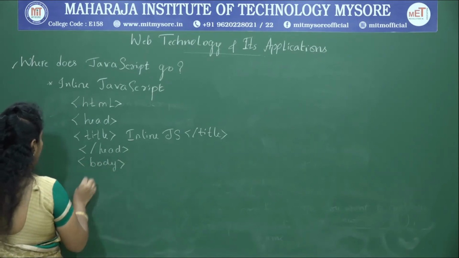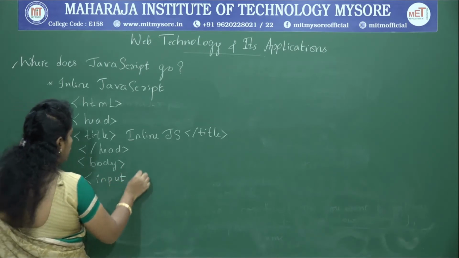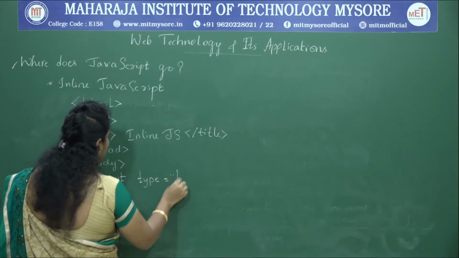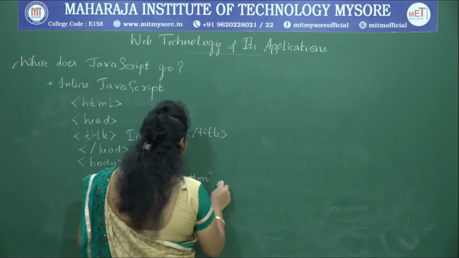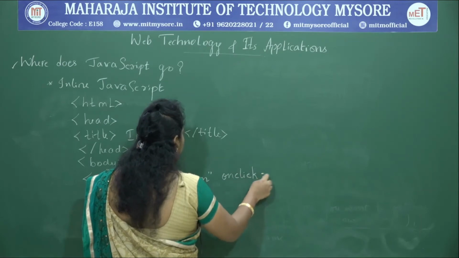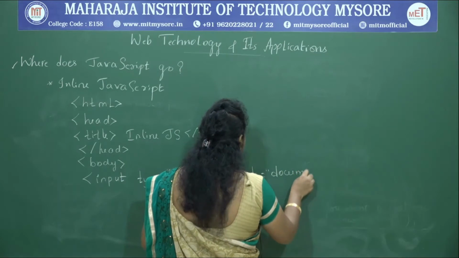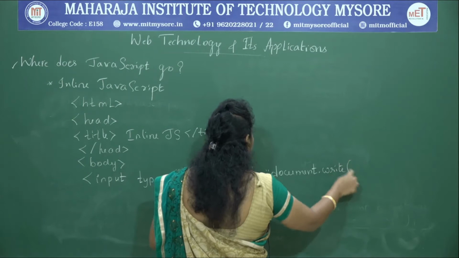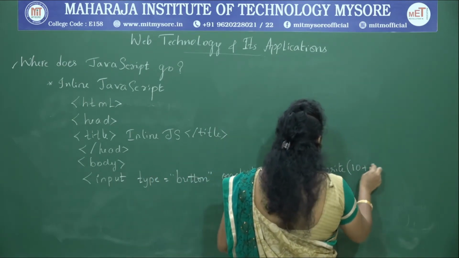Inside the body we are using input type button. Then onclick document.write, and within that I am giving an example, 10 plus 5.